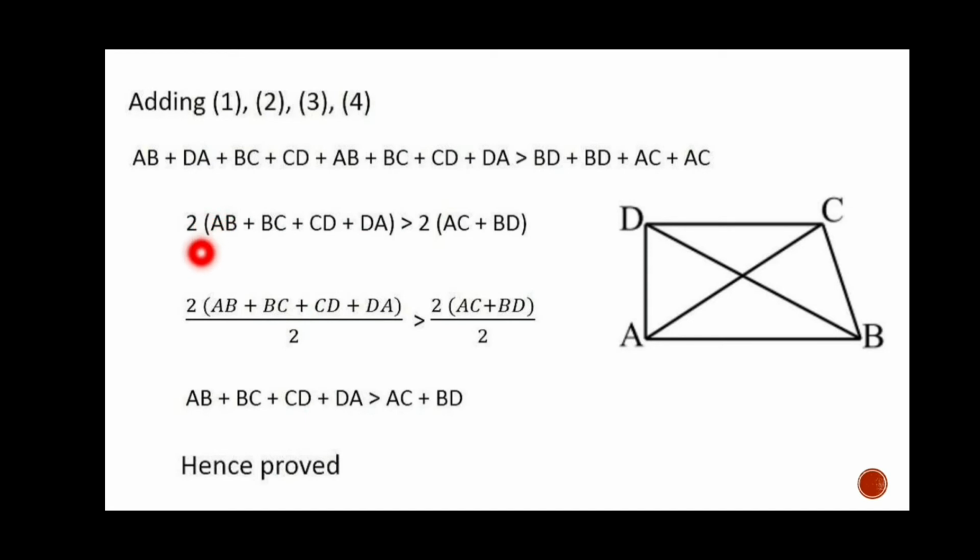So we will write it as twice of AB plus BC plus CD plus DA, which is greater than 2AC plus BD. Right? AC plus AC becomes 2AC and BD plus BD becomes 2BD. So 2 times AC plus BD. Now on both sides 2 is there, so it will cancel. We will divide both sides by 2 and the remaining is AB plus BC plus CD plus DA, which will be greater than AC plus BD, and this is what we had to prove.